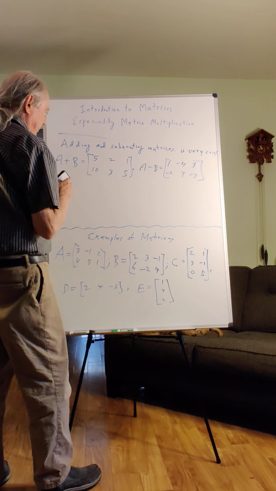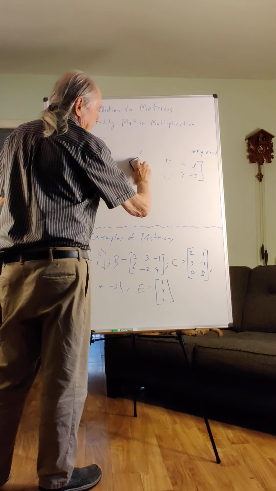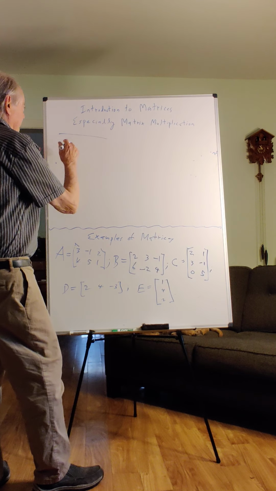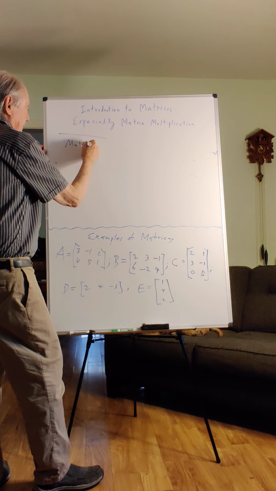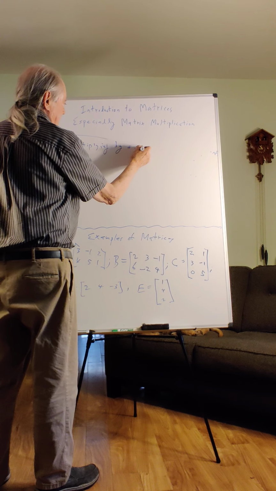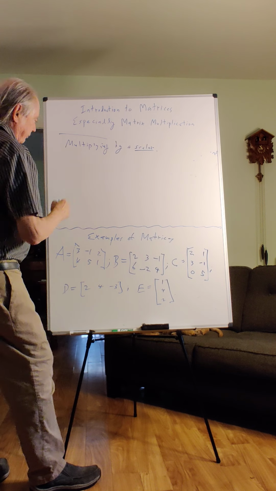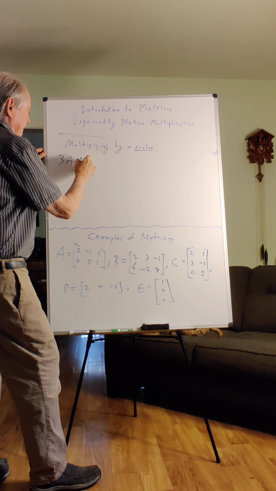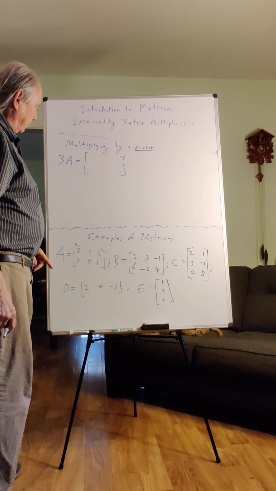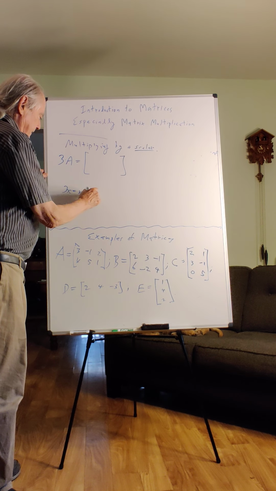Now, another easy operation is multiplying by a scalar. Scalar is a synonym for number. So let's have examples of that. So 3 times A, for example. Think of 3 times A as A plus A plus A, right? 3x is x plus x plus x, isn't it?